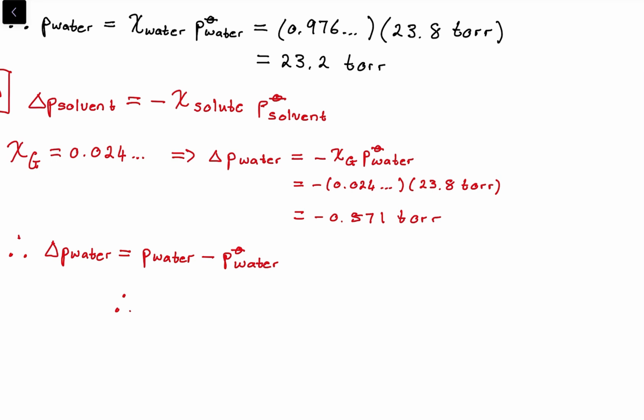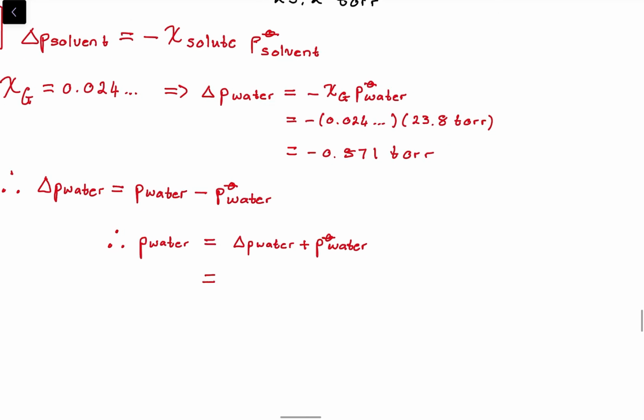Therefore, if you solve that for the new vapor pressure, it would be the change in P of water plus the standard vapor pressure: minus 0.571 torr plus 23.8 torr, giving us 23.2 torr. Right.